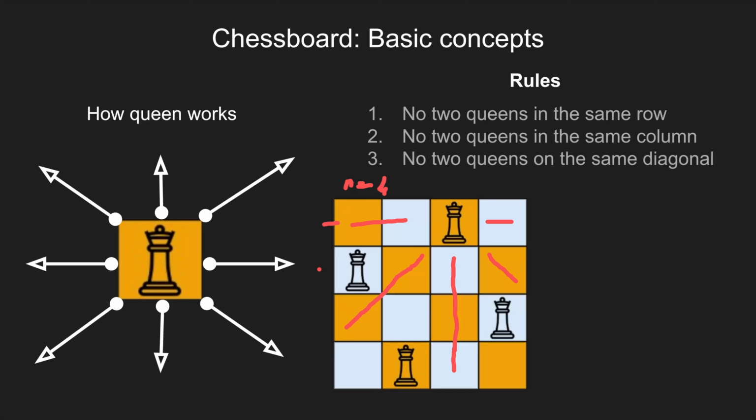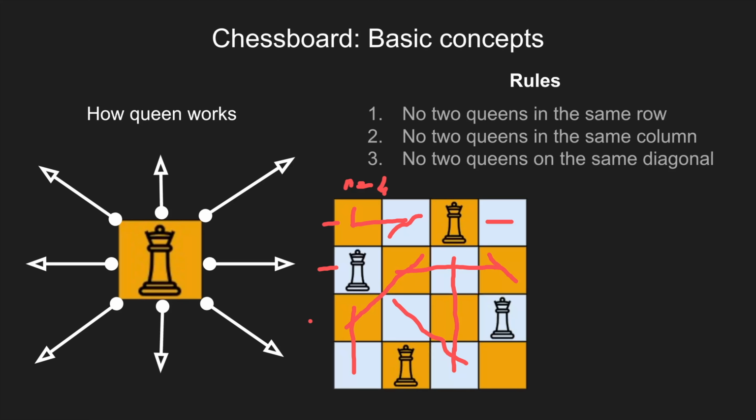If we check the second row, which is placed in the first column, if we see the columns where she can attack, no second queen is placed. If we check the row, no two queens are placed. So this placement also satisfies the three rules. For this position, we can also check these diagonals and it satisfies.